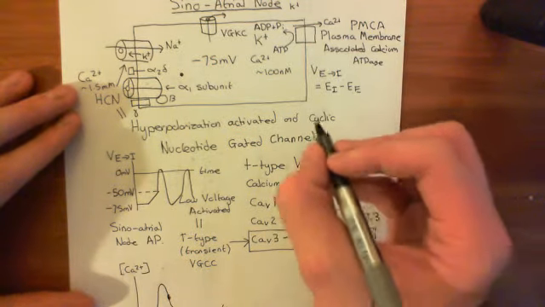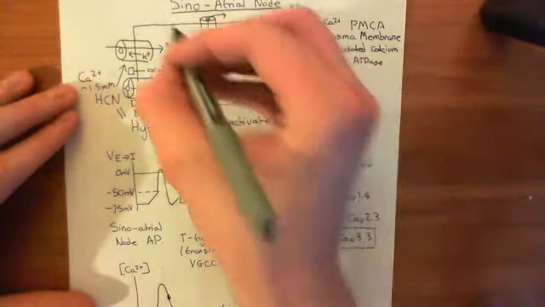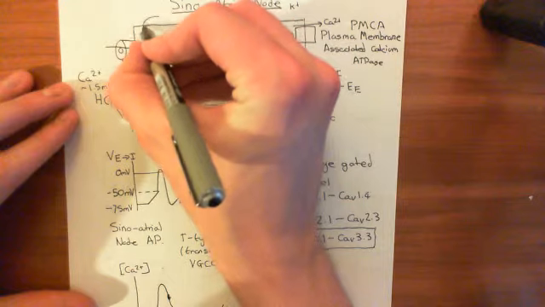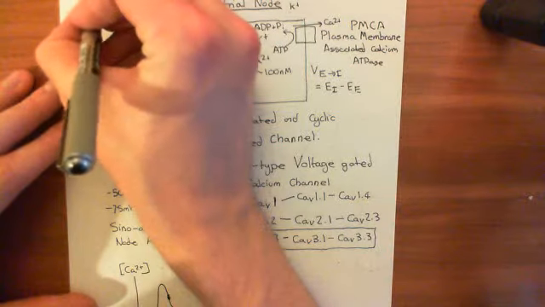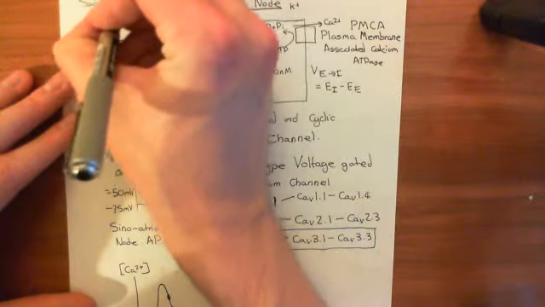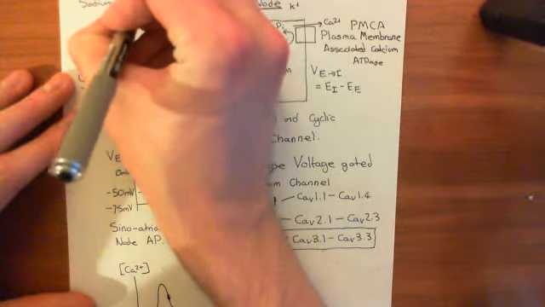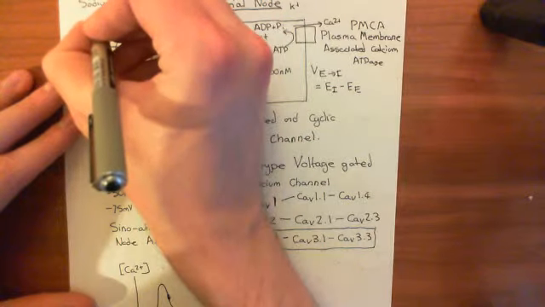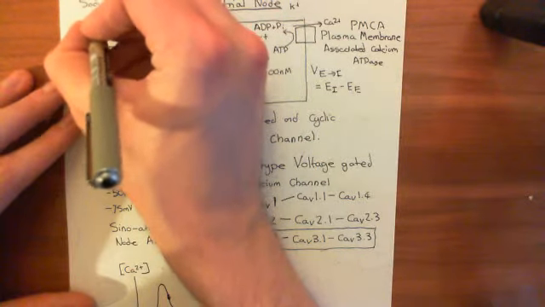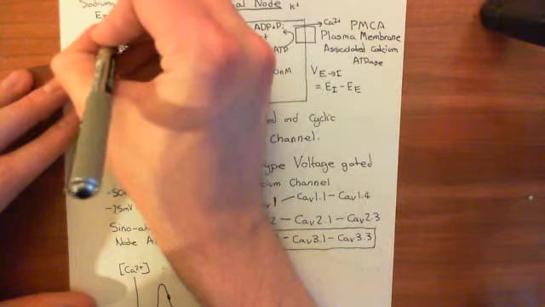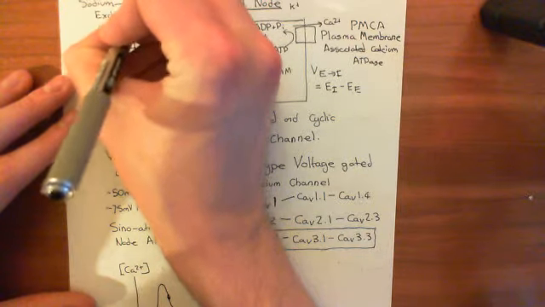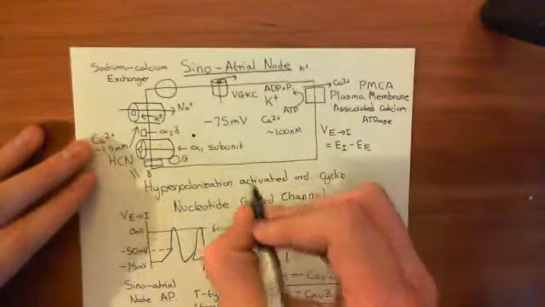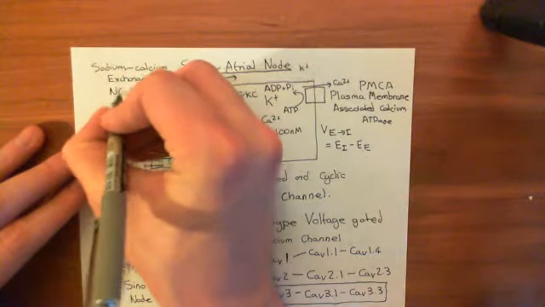Right, there is another important protein in the cell membrane which extrudes calcium, and this is the sodium-calcium exchanger, which is often abbreviated to N for sodium, C for calcium, and then X for exchanger. So NCX, basically.